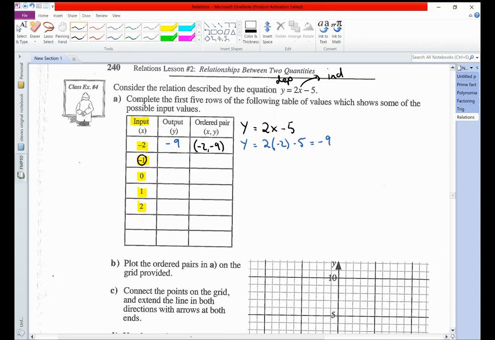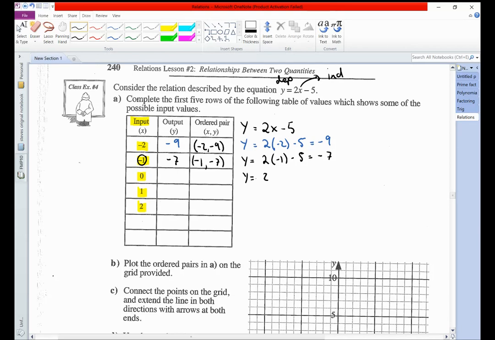We can do the same thing with this value of x. y is equal to 2(-1) minus 5. 2 multiplied by -1 is -2, minus 5 is -7. Awesome. So we have (-1, -7) as our ordered pair.